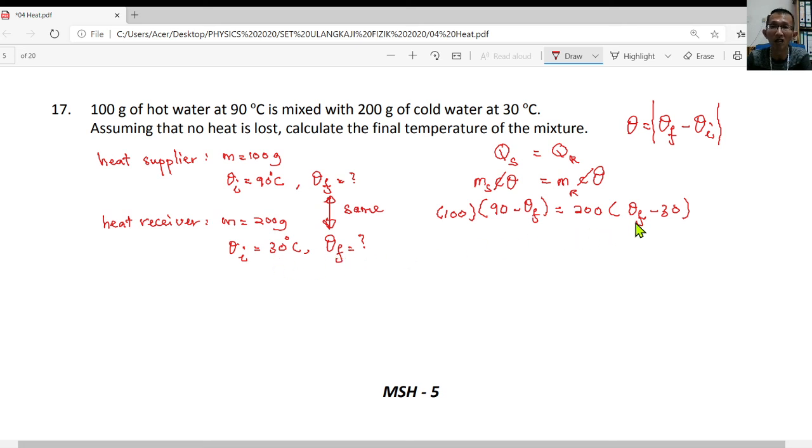That's why I arrange it like this. Alright, so if you do your calculation correctly, you will get your final temperature to be 50 degrees Celsius. So that is our final temperature. So try to understand how we have worked these problems out.